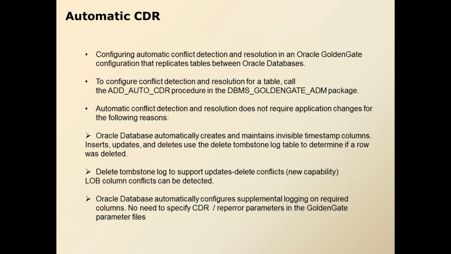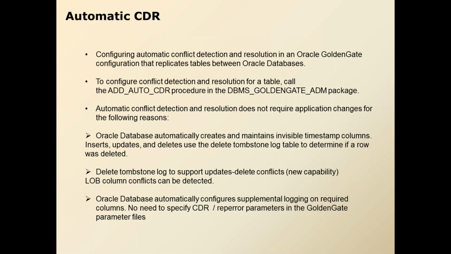CDR is configured as automatic conflict detection and resolution in an Oracle Goldengate configuration that replicates tables between Oracle databases. This automatic CDR feature is only available for Oracle database. You can enable automatic CDR in your environment, which ensures that if bidirectional active is enabled and any conflict arises, those conflicts are detected and resolved.